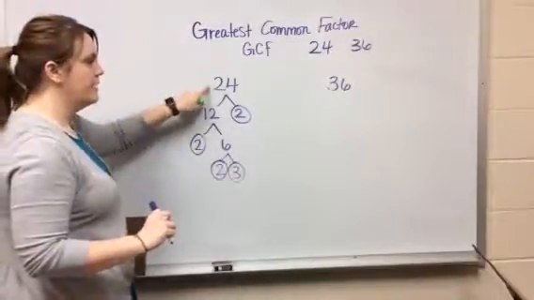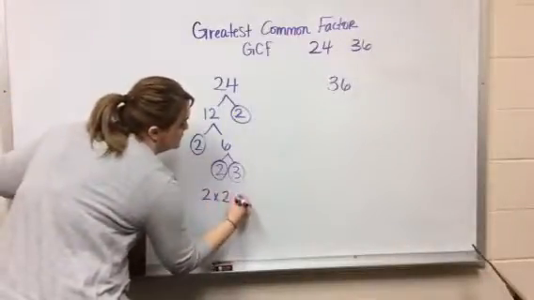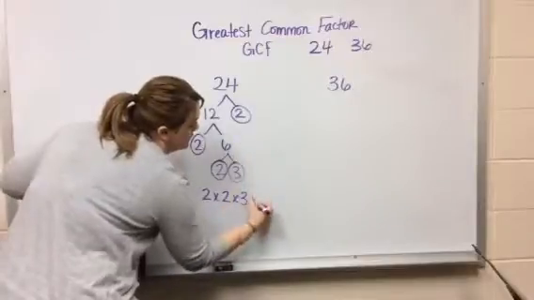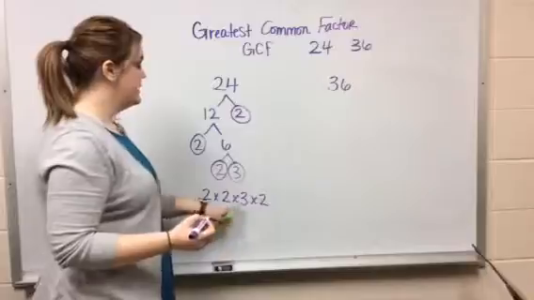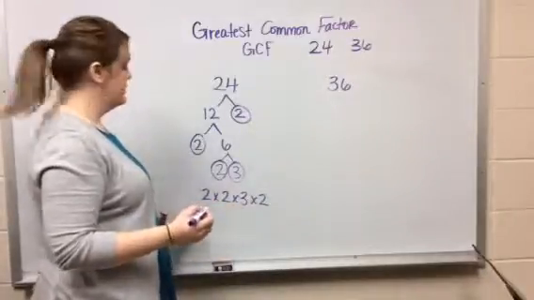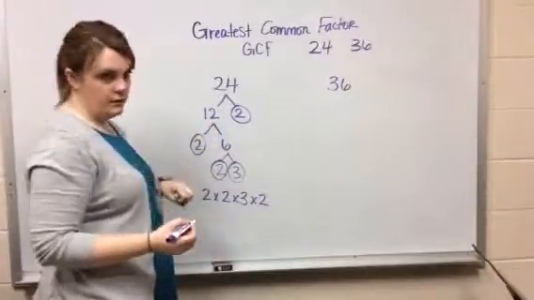So my prime factorization for 24 is 2 times 2 times 3 times 2. Now, the commutative property tells me that this can be in any order, as long as I have these numbers, it's still going to multiply together to get 24.